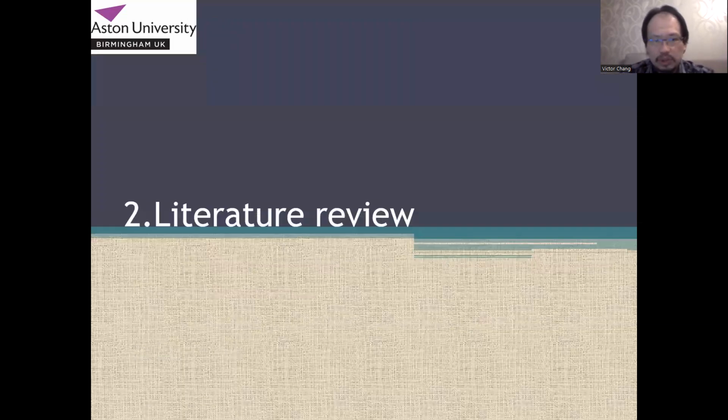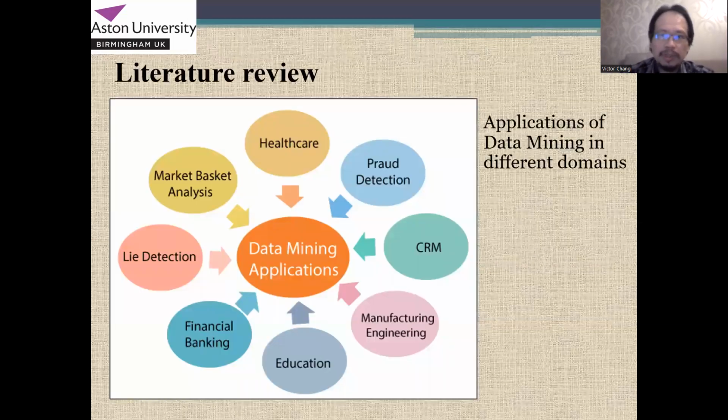First of all, the literature review is the one that we go for. But please, if you have time, read our paper, because it will explain this to you. At the beginning, we talk about data mining. It is a technique to extract data, gain insights, and understand what we have done.